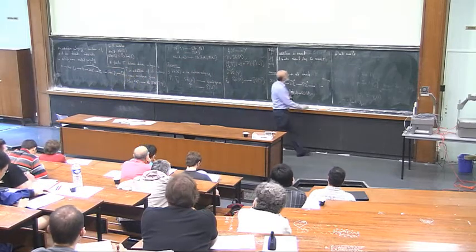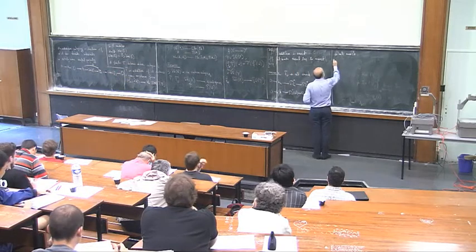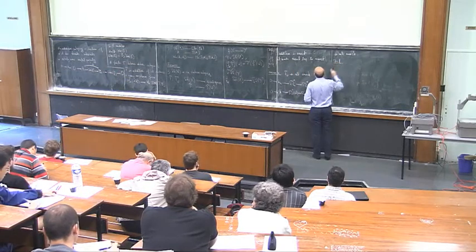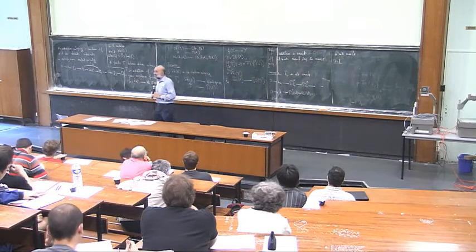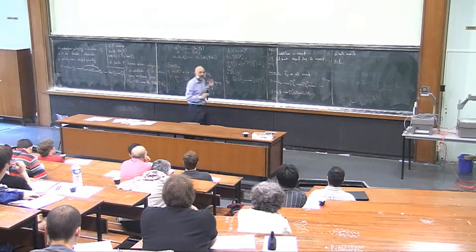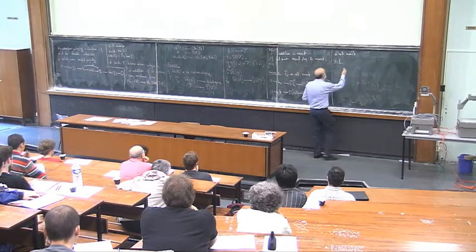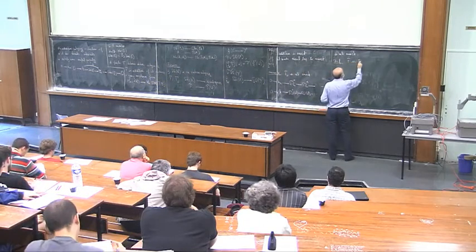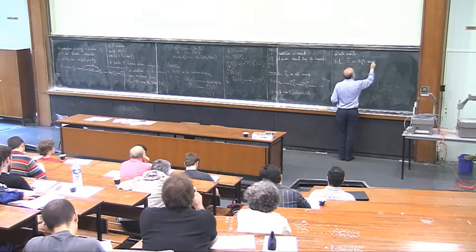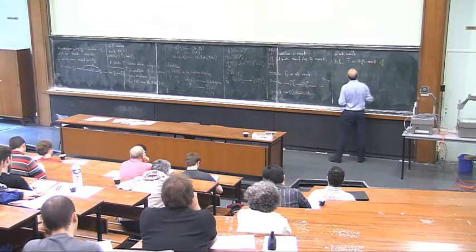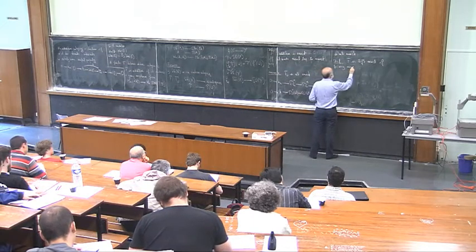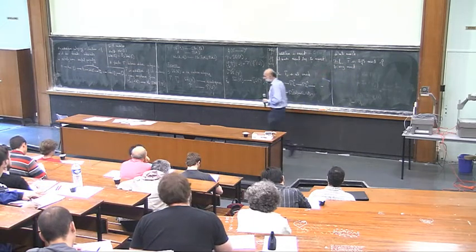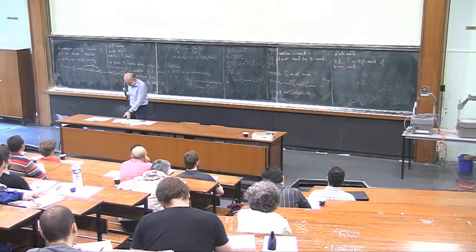However, most of the time one deals with functors which are not exact but are still either left or right exact. So F is left exact if, for any exact, no, I don't remember exactly.